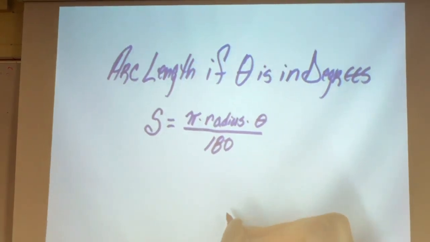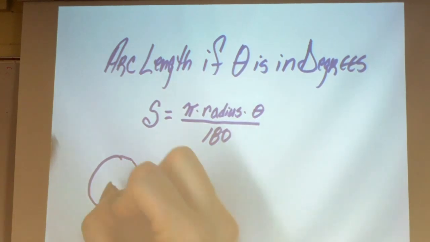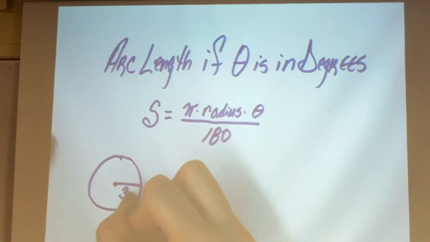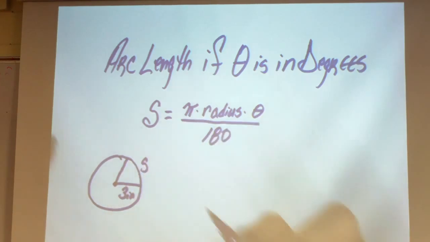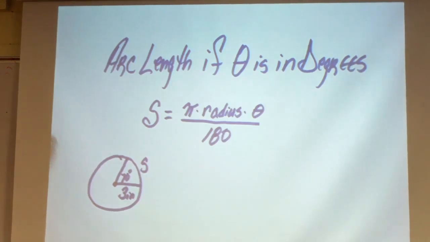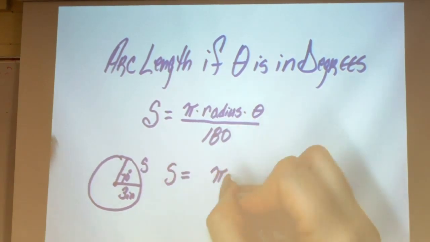Okay? So let's do an example. Draw a bigger circle this time. Let's say my radius this time is 3 inches, and I want to find my arc length S, and let's say that this is a 70-degree angle. So I'm going to plug the information into my formula. My arc length would be equal to pi times 3 times 70, that's my angle, over 180.